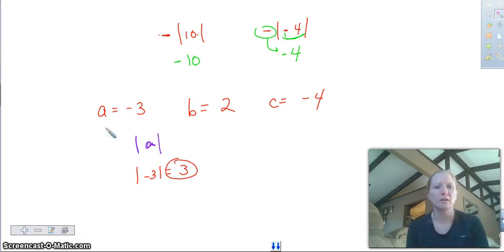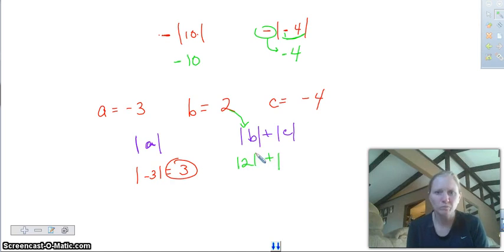Or maybe, using those same numbers, they want the absolute value of B plus the absolute value of C. So B is 2. So you have the absolute value of 2 plus the absolute value of C, C is negative 4, so you put negative 4 in there.